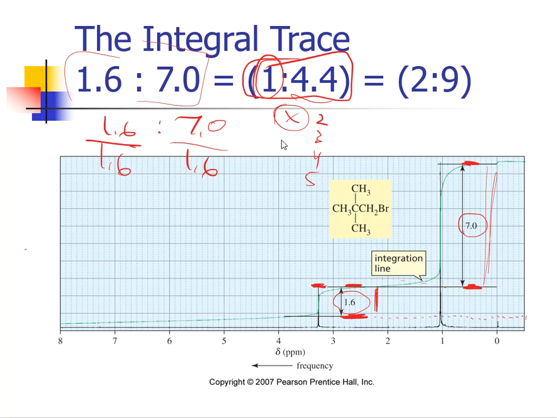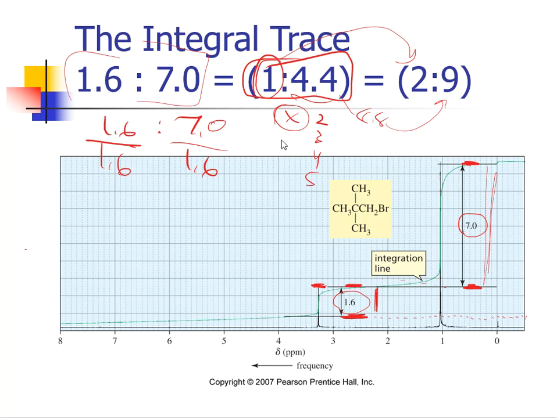That's almost half. We've got to get something closer to a whole number that we can round off. So if I take this 1 and multiply it by 2, I get 2. And if I take the 4.4 and multiply it by 2, I'm going to get 8.8. And 8.8 is close enough to a whole number. That is a very good sign that this is going to just get rounded up to a 9, and we call it a day.